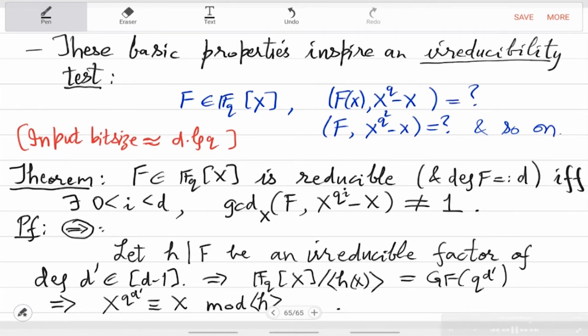So h divides the GCD. Hence the GCD cannot come out to be 1 because h is not 1. h is of degree at least 1. So that part is done. Any questions?